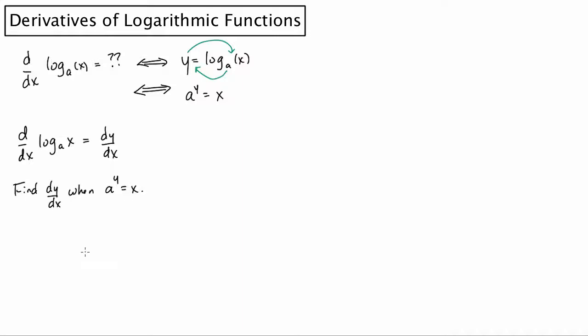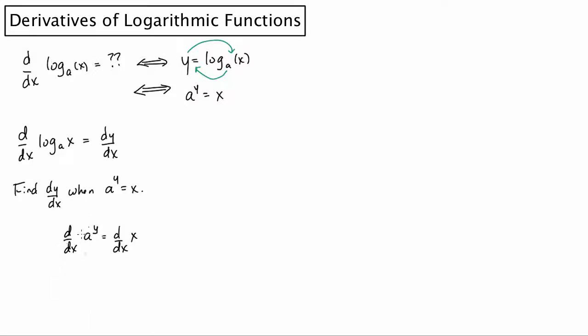Well, this is asking me to take an implicit derivative. So the way we do that is we take the derivative of both sides with respect to x, treating y as a function of x. So this y that's here is actually a function of x.